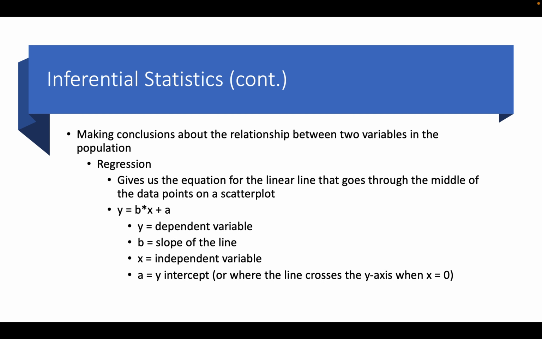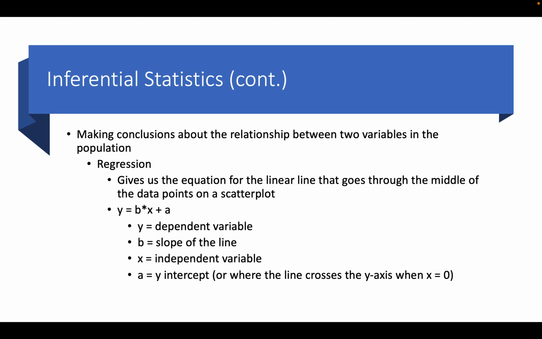Now, what about making conclusions about the relationship between two variables in the population? Well, one powerful inferential analytic technique is called regression. Regression will give us the equation for the linear line that goes through the middle of the data points on a scatter plot.